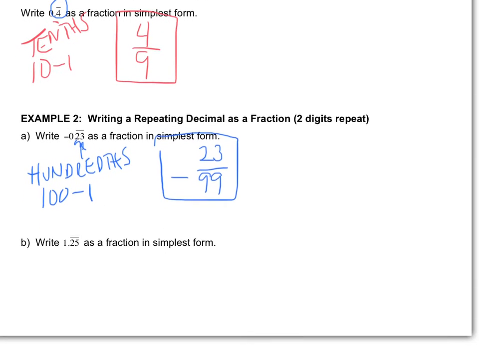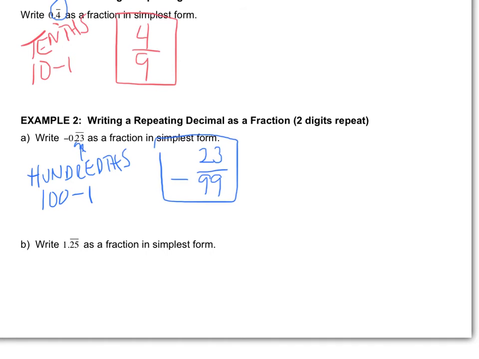And our last example here is 1.25 with the 25 repeating. So again, our last place value is the hundredths place. So I take 100 and subtract 1. That's going to give me the 99.